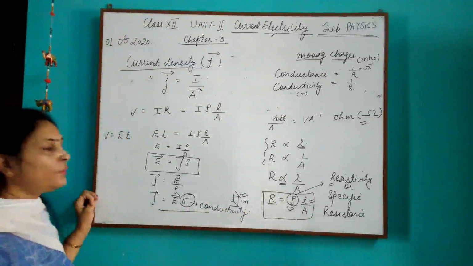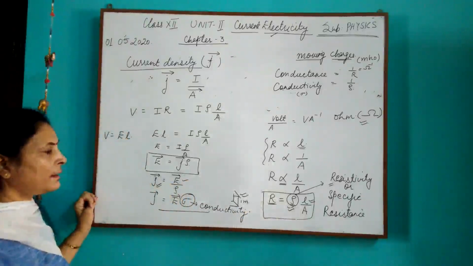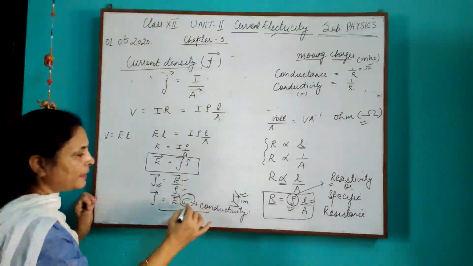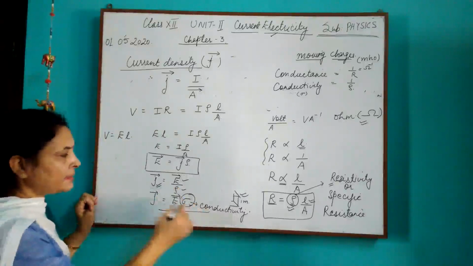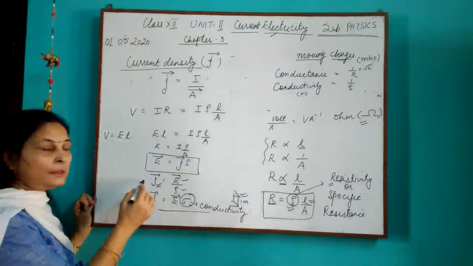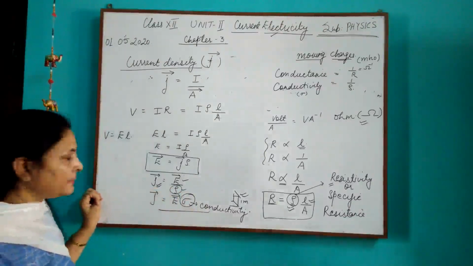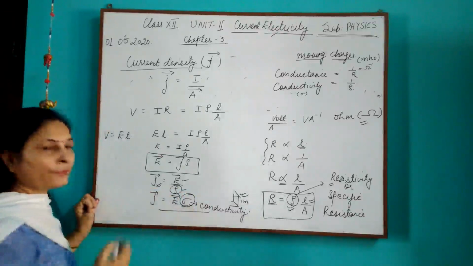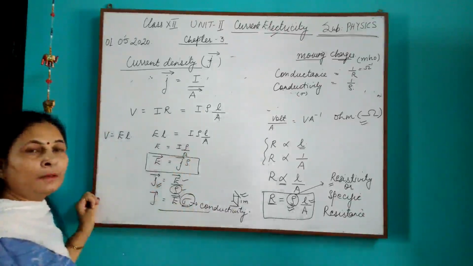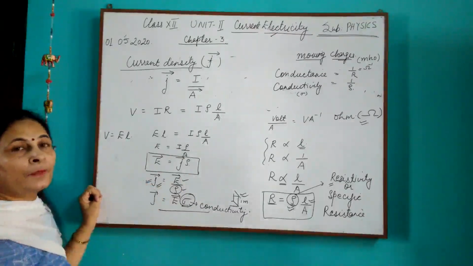So in this way we have got a relationship between electric field as well as current density, resistance as well as resistivity as well as conductivity. If I want to find out a relationship between current density and resistance, I can put rho in terms of resistance here also in the same manner. So we can substitute one from another to find out an expression for current density in further terms.